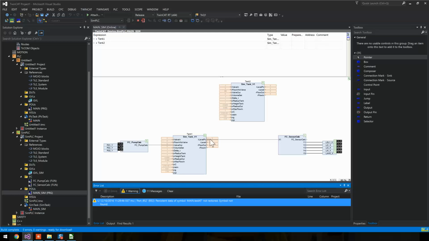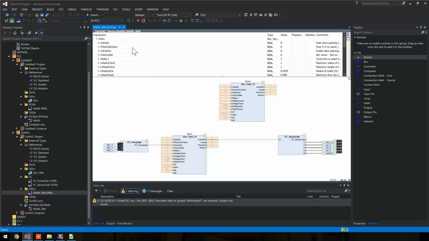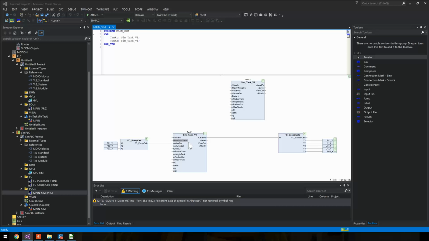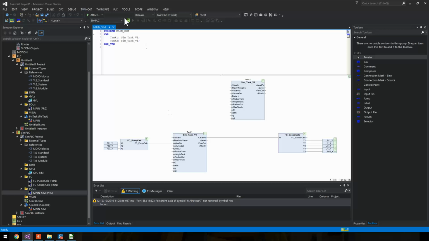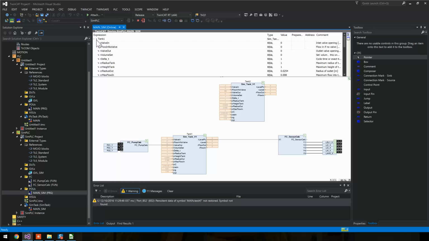So the level is now 0. Let's see if we can do something about that. You can set the volume. So let's set it to 50. 50%.